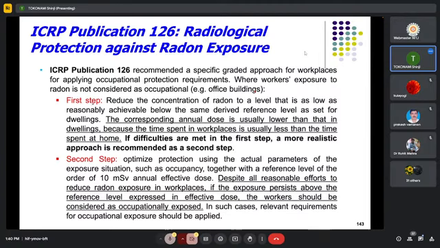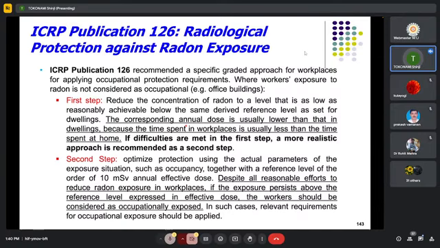The first step: reduce the concentration of radon to a level that is as low as reasonably achievable below the same derived reference level as set for dwellings.